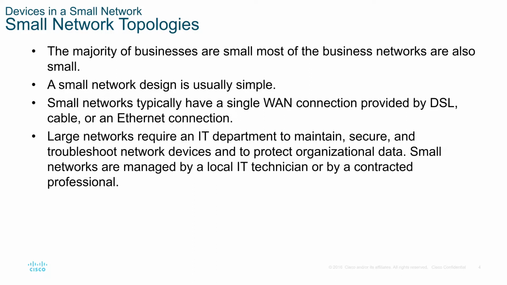Many companies will have a single WAN. But depending upon what the company does and what they determine as crucial to their business needs, they may have more than one WAN connection. Large networks require an IT department to maintain, secure, and troubleshoot network devices and to protect organizational data. Small networks are managed by a local IT technician or by a contracted professional.